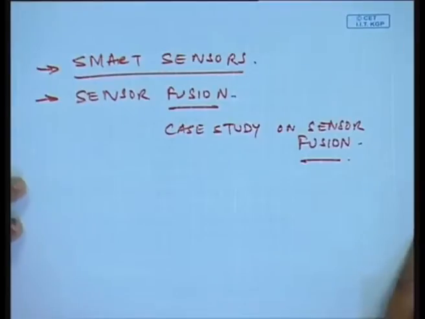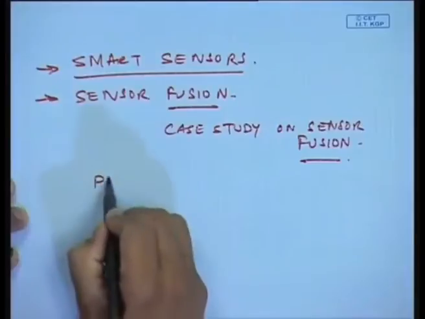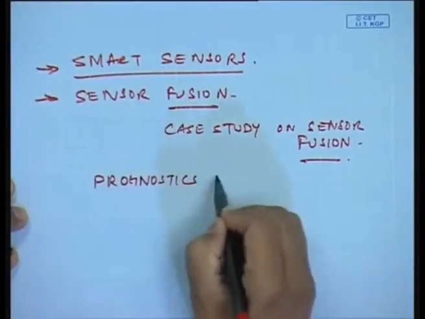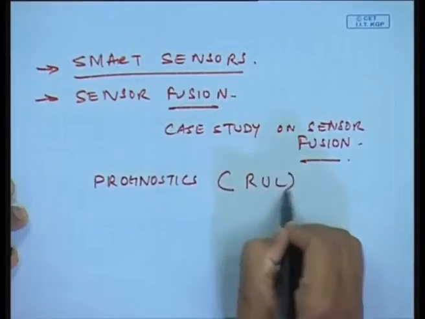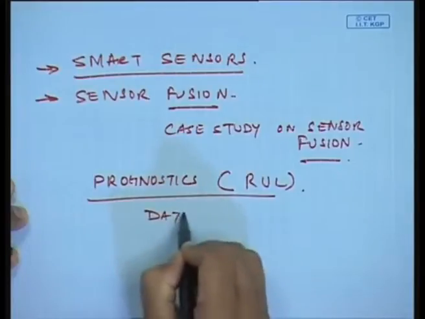Now, once we have the data coming from this sensor, we can classify the faults and also try to predict how the fault is going to evolve, and then if necessary we will go for maintenance. So, the prognostics or estimation of the remaining useful life depends on my data analysis.